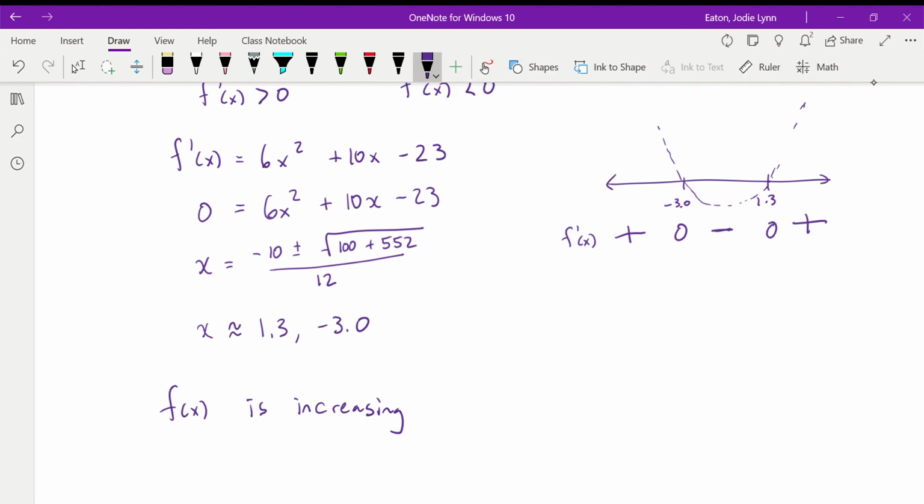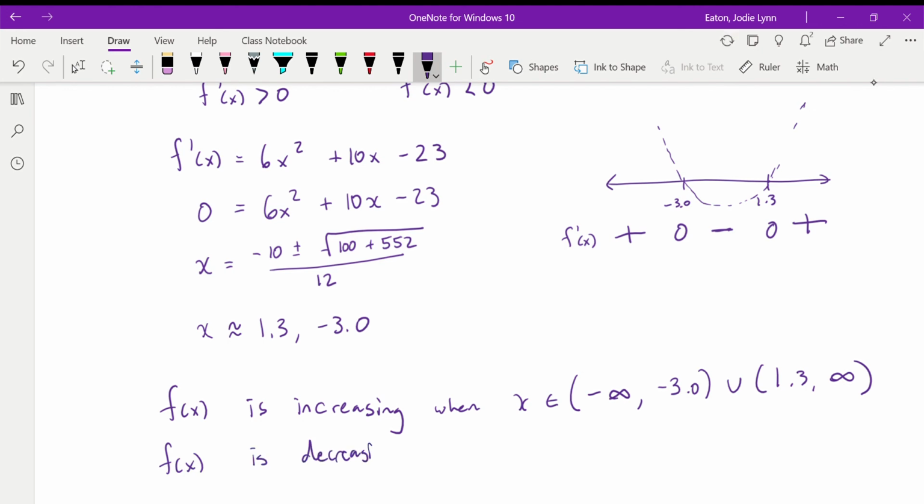So f of x is increasing when x is an element of the open intervals between negative infinity and negative 3.0, union 1.3 to infinity, and f of x is decreasing when x is in the interval between negative 3.0 and 1.3.